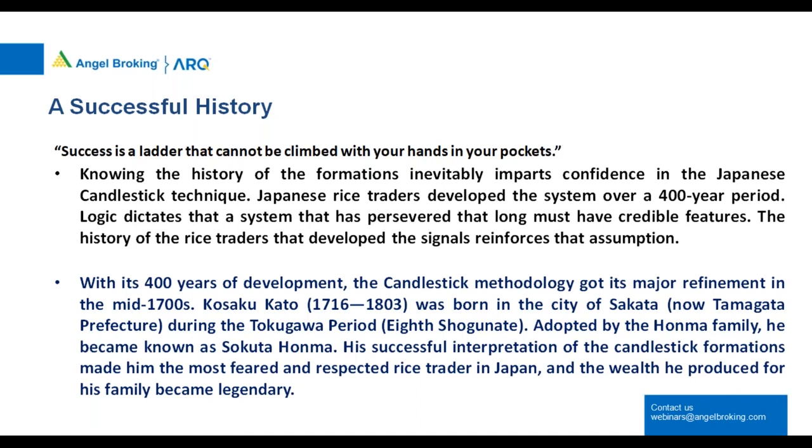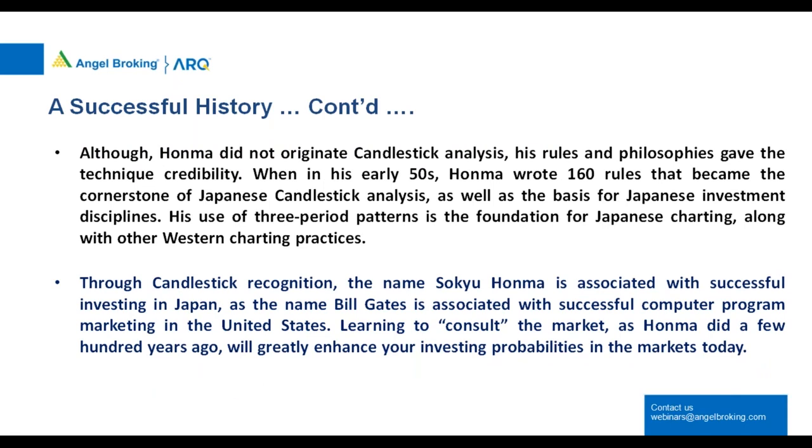Otherwise, if the system did not have value, it would not have survived so many centuries. And the history of the rice traders that developed the signals reinforces that assumption. With its 400 years of development, the Japanese candlestick methodology got its final major refinement in the mid 1700s.